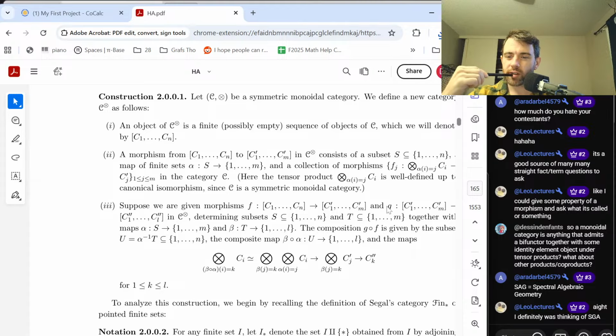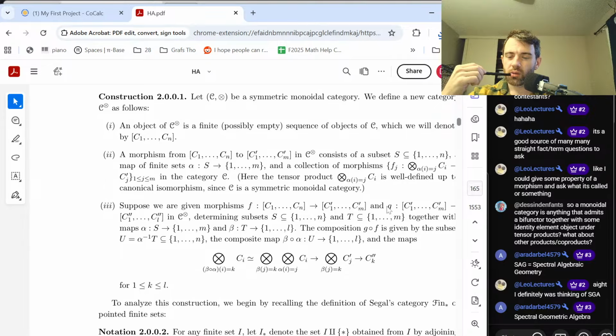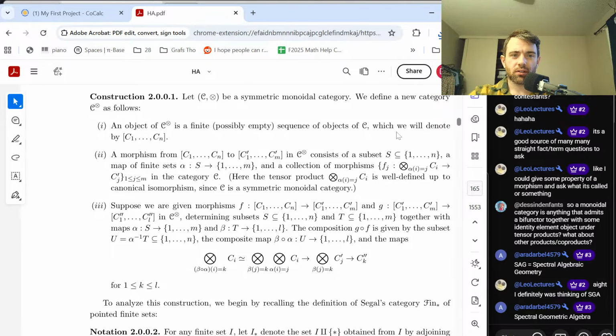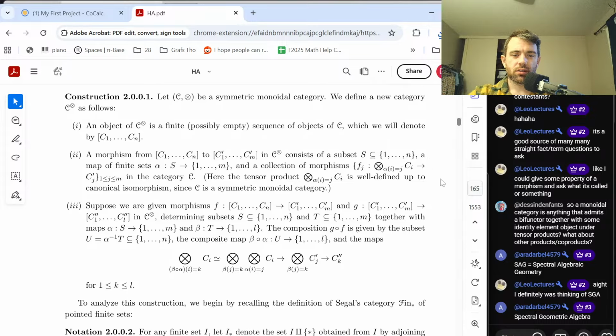So a monoidal category is anything that admits a bifunctor together with some identity element object under tensor products. What about other products? Well, it depends what you mean by tensor products. You can use monoidal categories to define what a tensor product is.